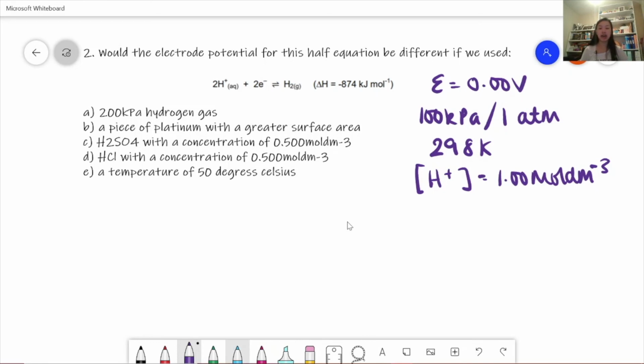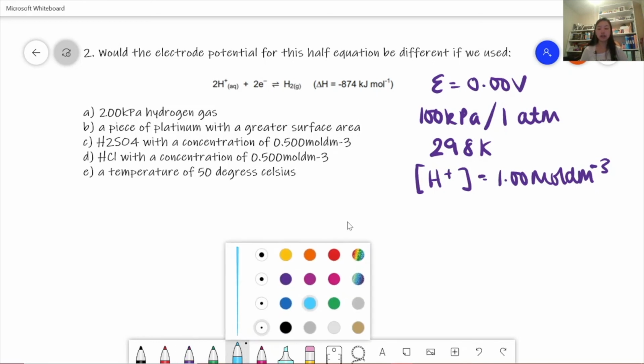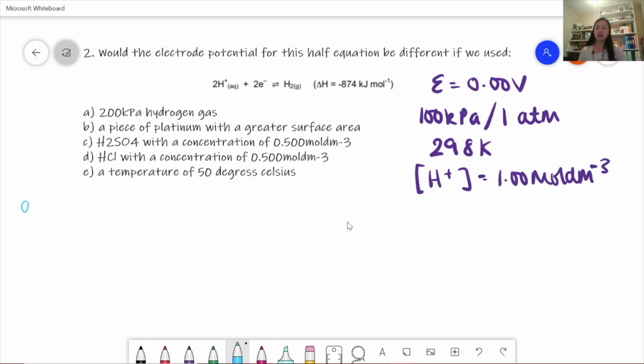So now let's have a look at the questions. For A, what would happen if we increased the pressure from 100 kilopascals to 200 kilopascals? If we look back to the equation and see how many moles of gas we have on each side, on the left we have 0, and on the right we have 1.